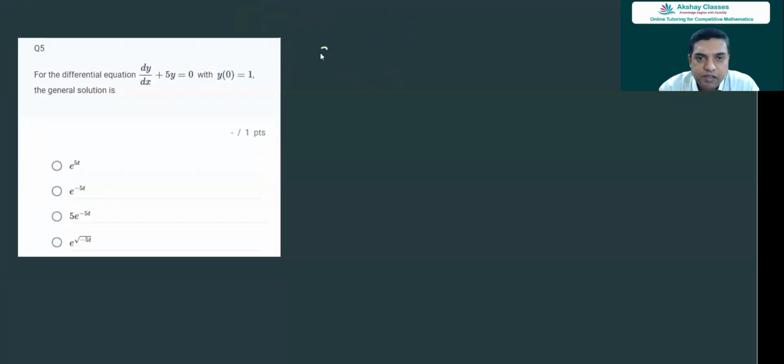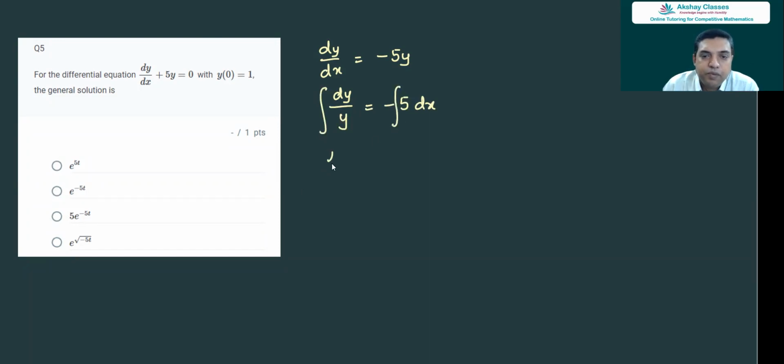Okay, let's look at this. dy by dx is equal to minus 5y. Separate the variables. Now integrate. So we get log y is equal to minus 5x plus log c.